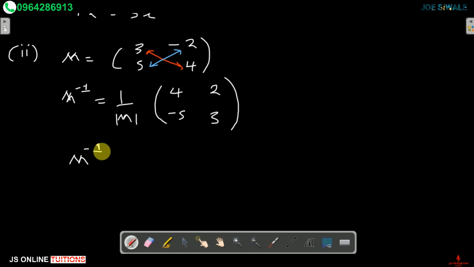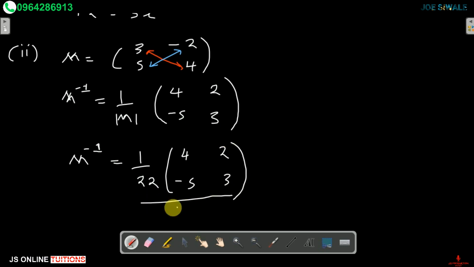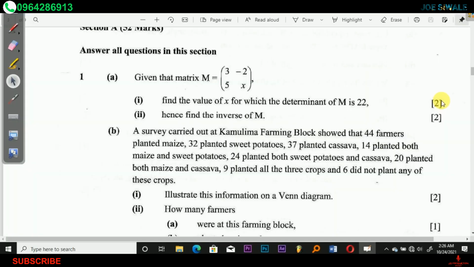Then we can say the inverse of M there is equal to 1 divided by, we know that our determinant is 22, multiplied by 4, 2, -5, 3. So that's going to be our answer. So that's going to be the inverse of matrix M.